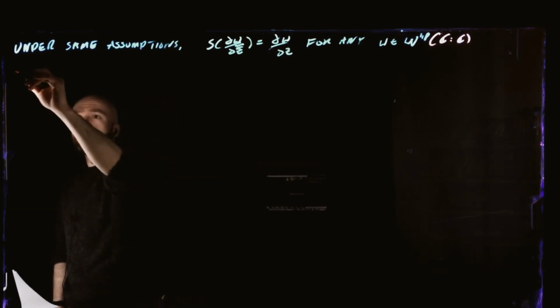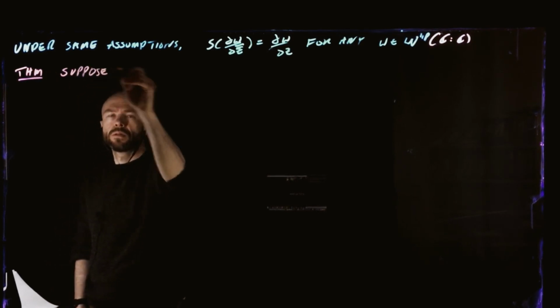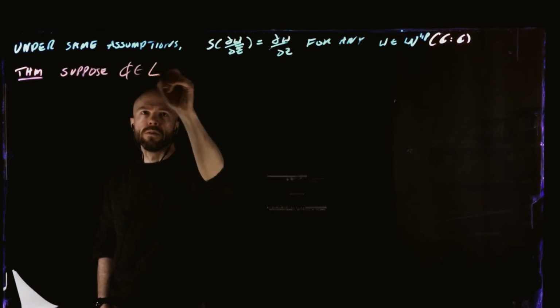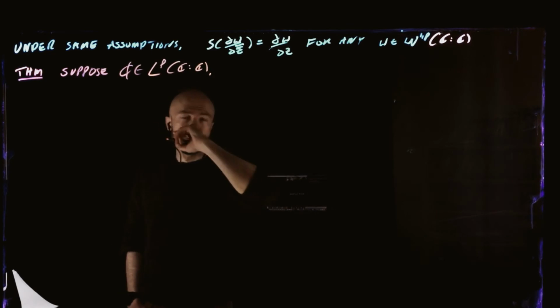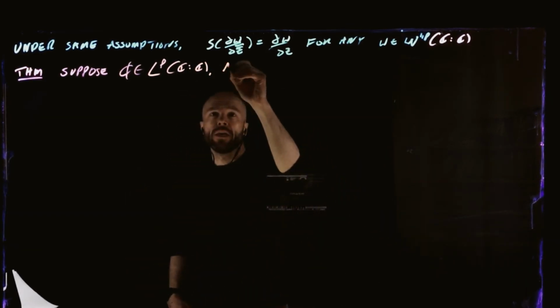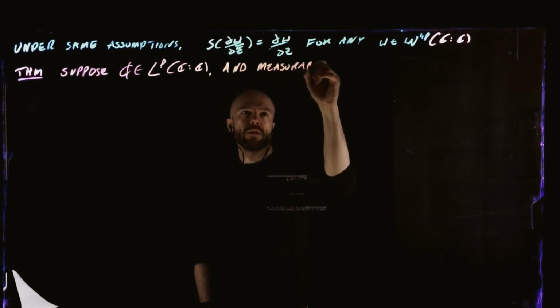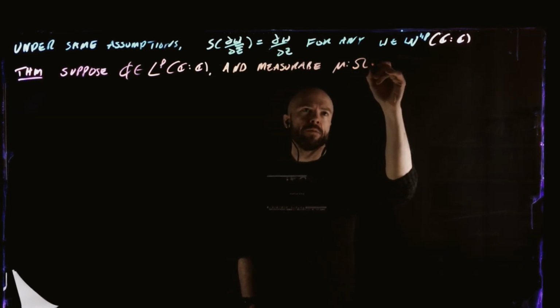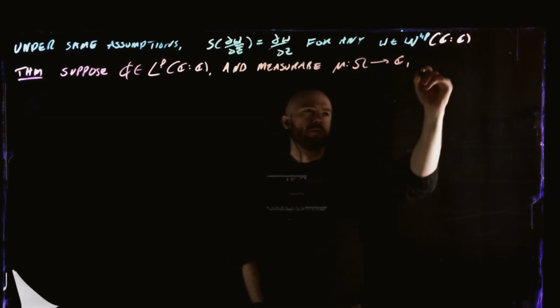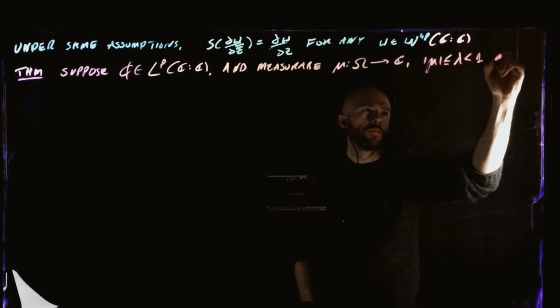So, theorem: suppose phi belongs to L^p, from the complex plane to the complex plane, and a measurable mu from some nice region omega into the complex numbers, where the absolute value of mu is less than or equal to, say, lambda, which is strictly less than 1, almost everywhere.